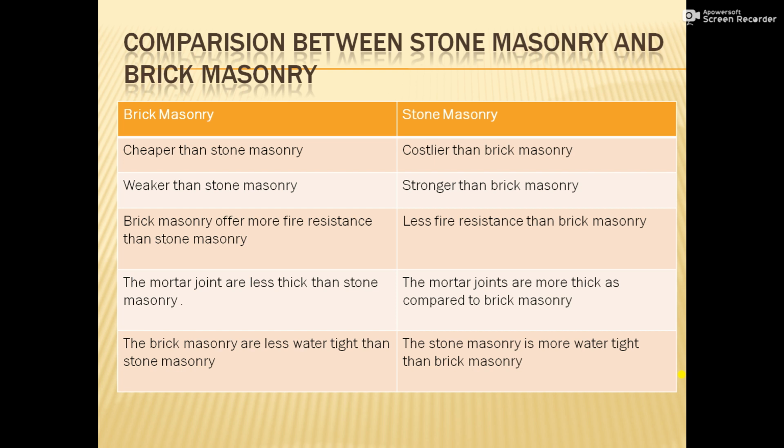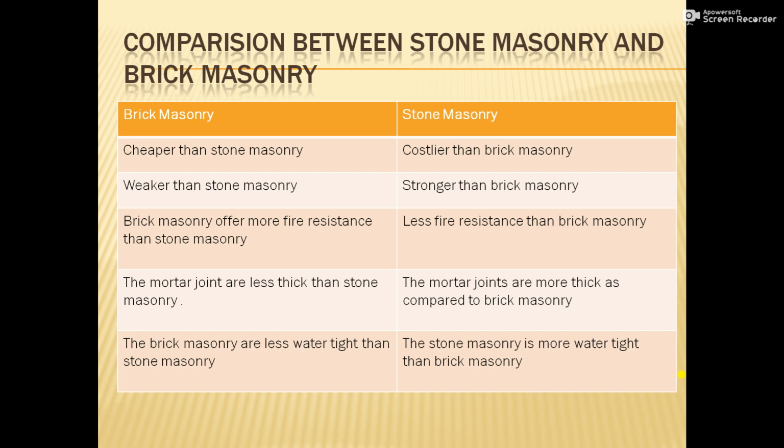So whatever joints we provide in brick masonry, those joints are less thick as compared to stone masonry. And the last point of comparison is that brick masonry is less watertight than stone masonry.